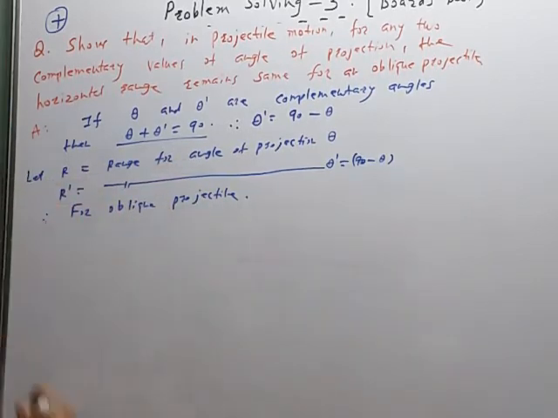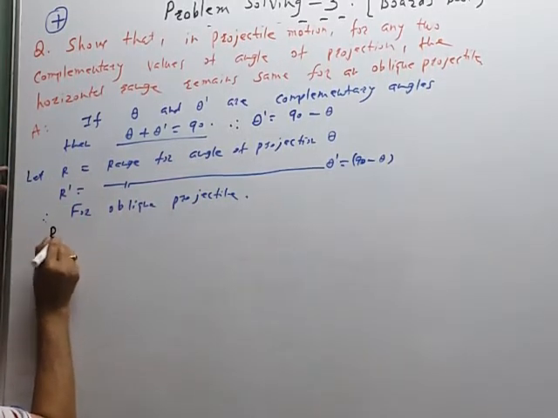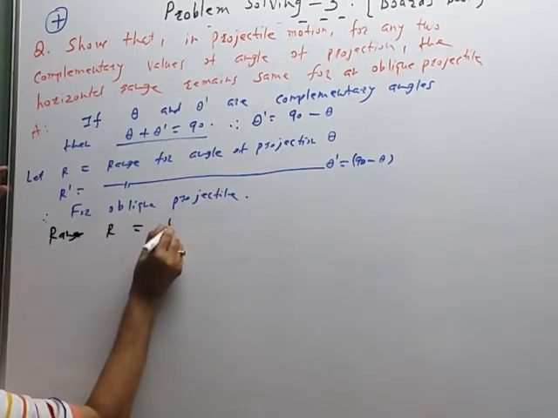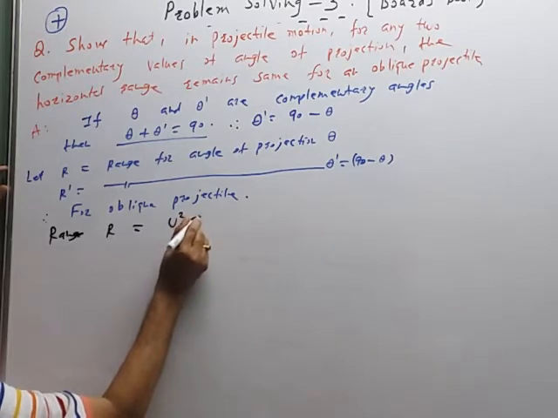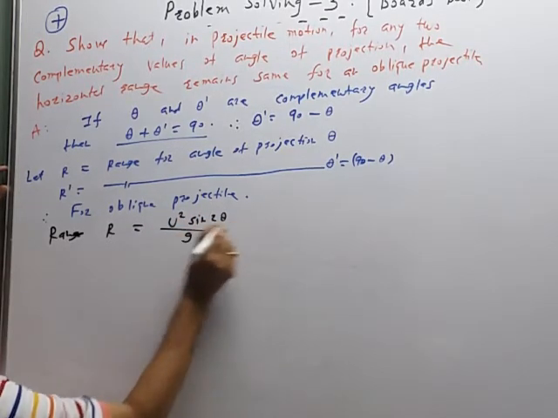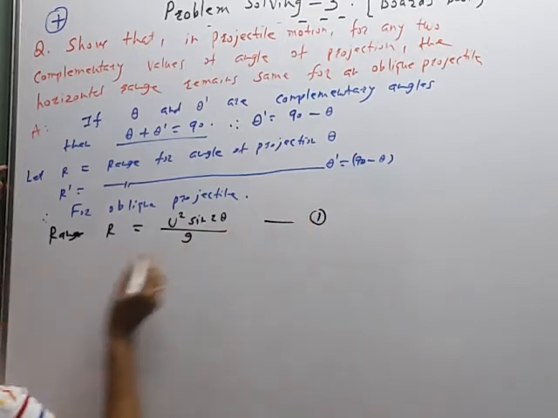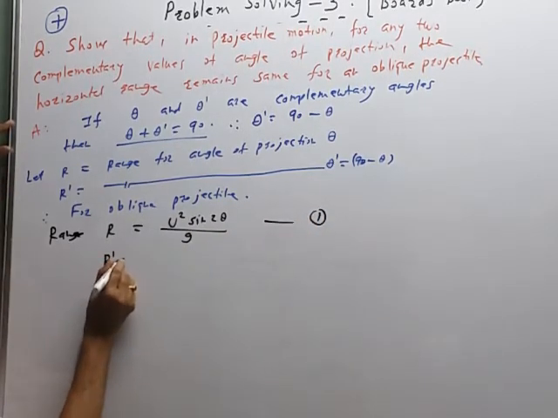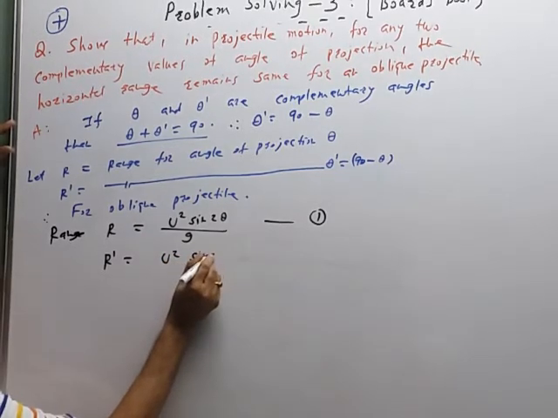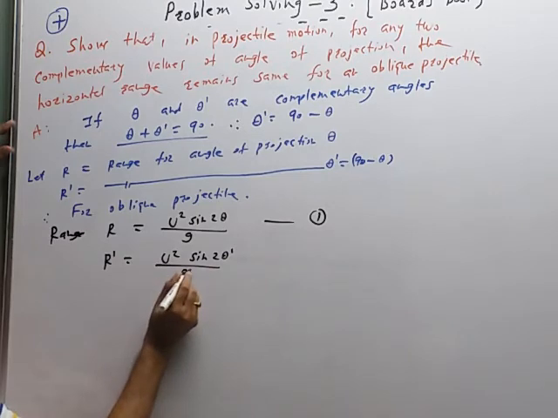Range R is equal to u square sin of 2 theta upon g. So this is equation 1. R dash is equal to u square sin of 2 times theta dash upon g.